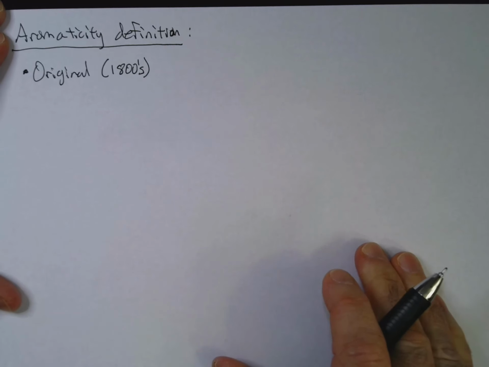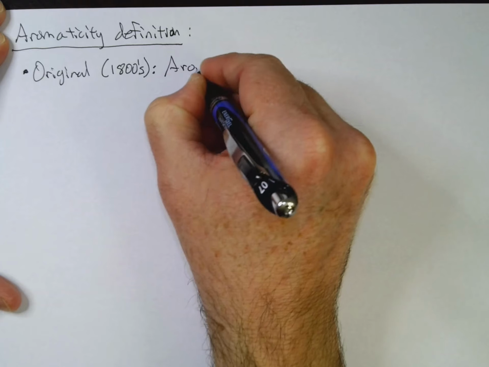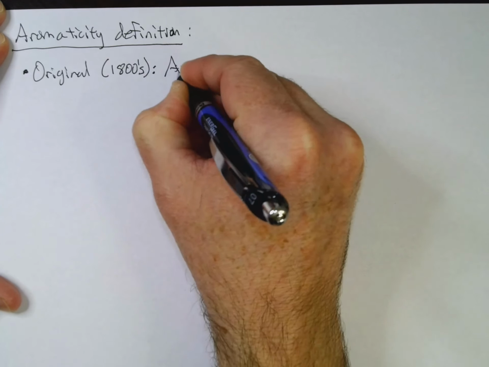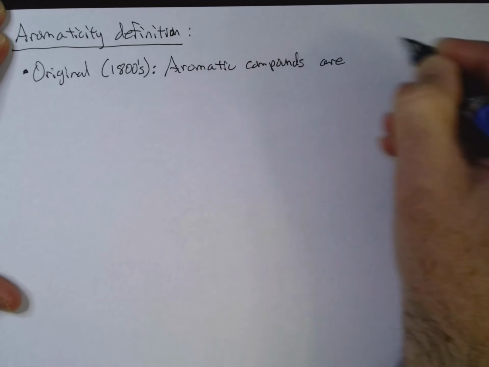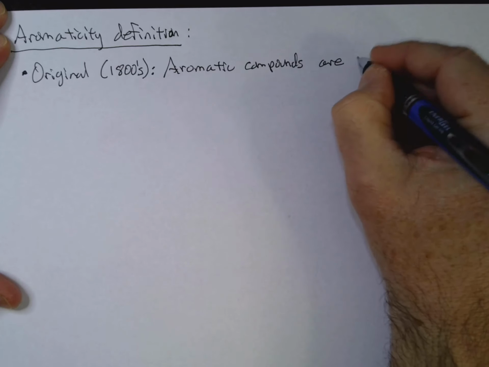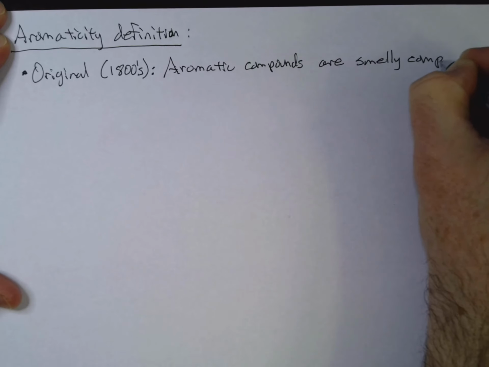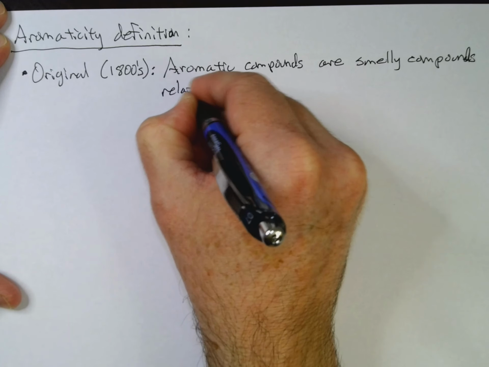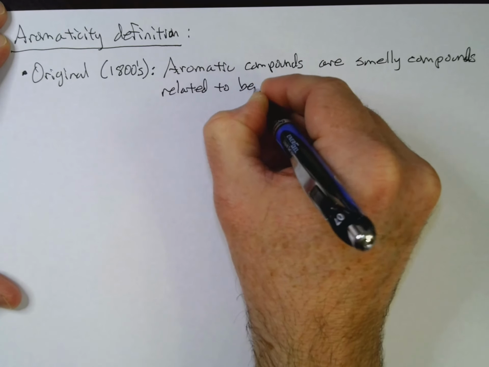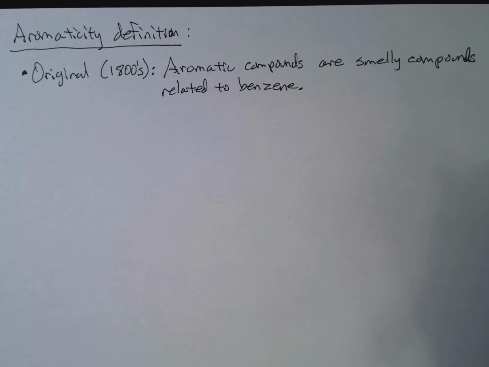Originally, back in the 1800s, aromatic compounds are, well, we'll just say smelly compounds related to benzene. Indeed, the term aromatic originally referred to the smell of benzene.